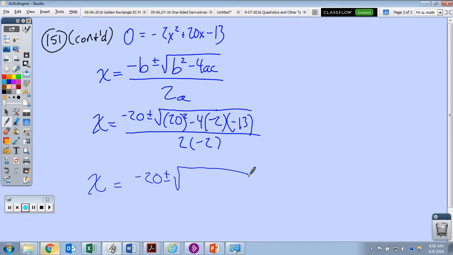So here we have 400. Now, here's where a simple mistake can be made, and we're going to avoid it. I have minus 4 times negative 2 times negative 13. How many negatives do I have here? 3, so it's going to be a minus, and then just focus on the absolute value. 8 times 13 is 104, and the denominator is negative 4.